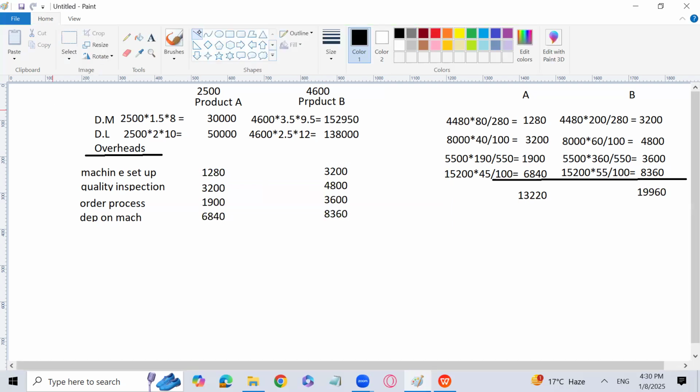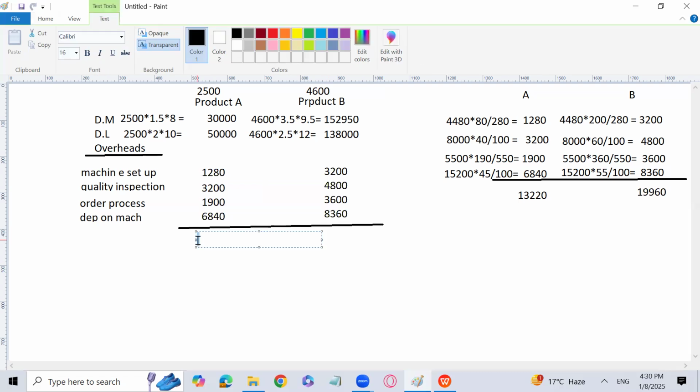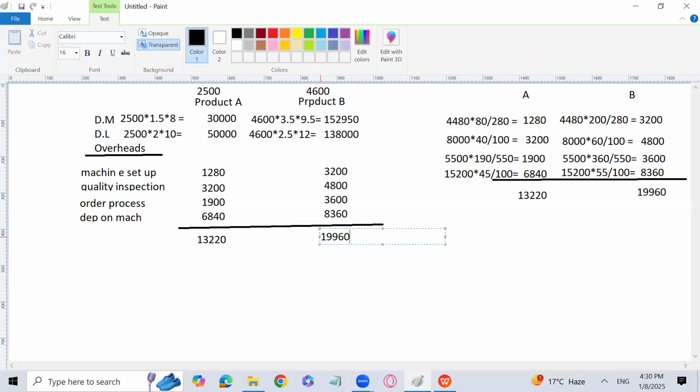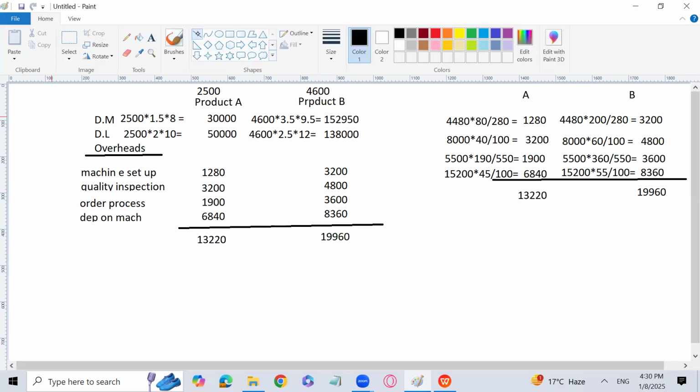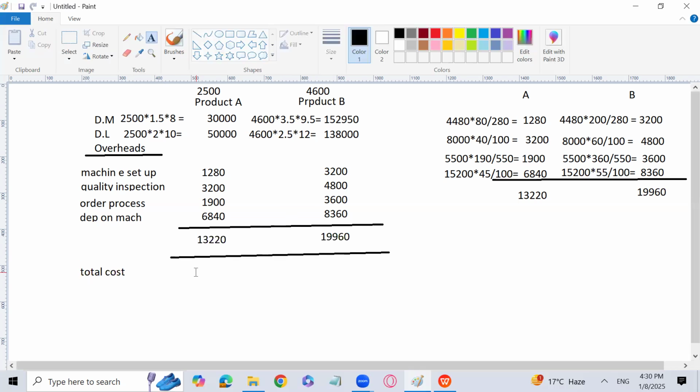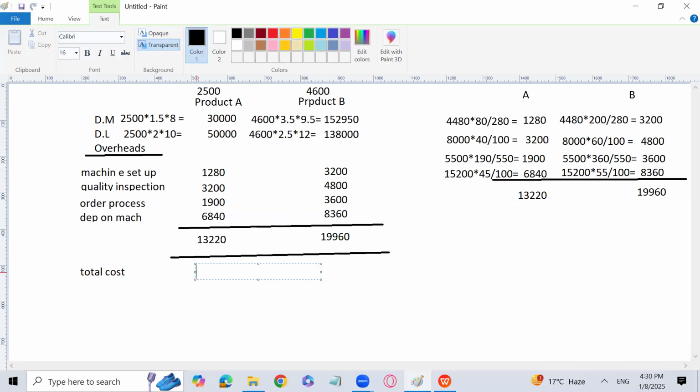Now I'm going to go for the total also. And the total cost we have incurred, regarding overheads, this is 13,220 and this is 19,960. Now I'm going to find the total cost. 13,220 plus 80,000. So how much will it come? 93,220.